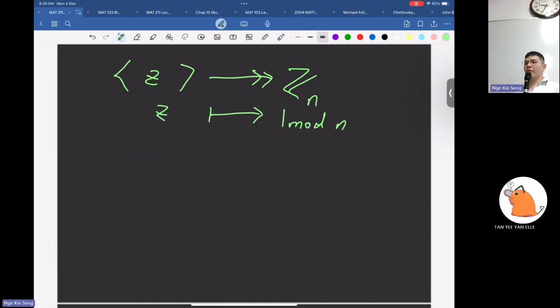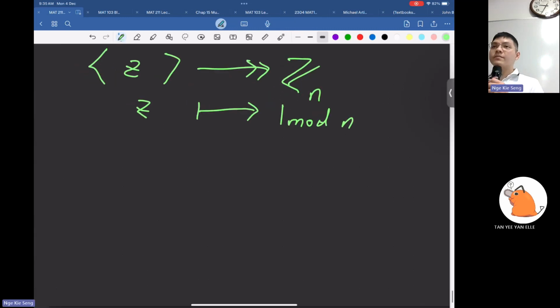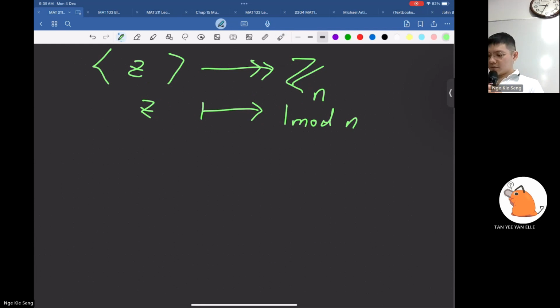So what's the kernel of phi? What are the things that evaluate to 0 in Z_n?